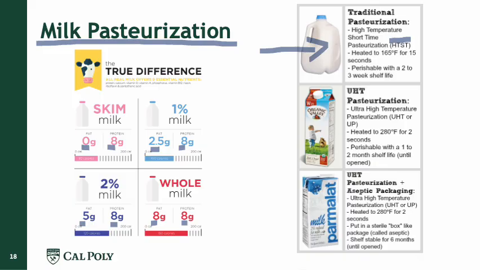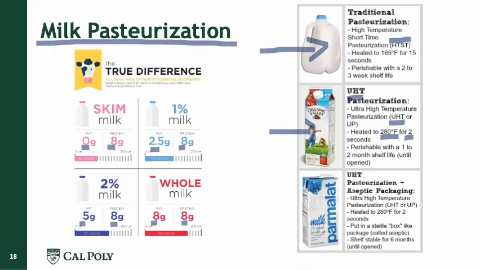Then we go to the next level and we have this UHT pasteurization, and you can see that the package is different. So it's like a carton or a paperboard, and this has been processed with ultra high temperature pasteurization, called UHT. So milk is heated at higher temperatures, so 280, for a shorter amount of time, 2 seconds.